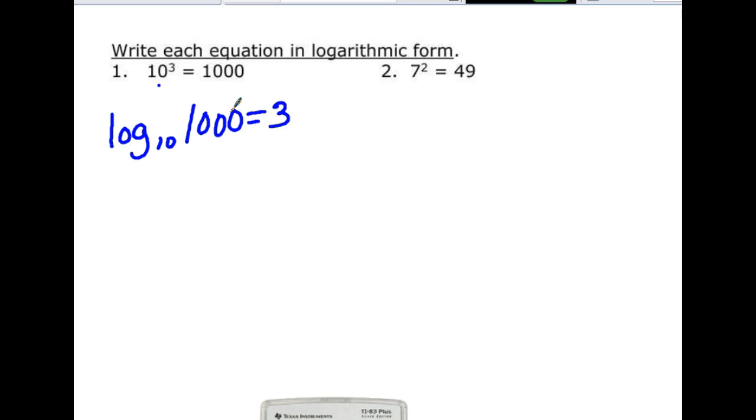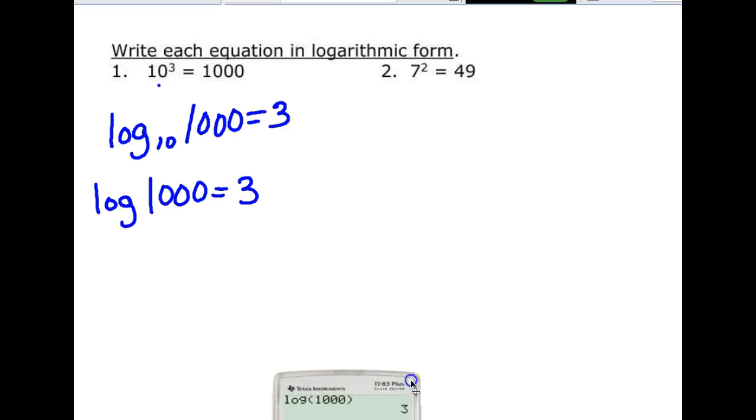Log base 10 of 1,000 equals 3. Most of the time, though, you will see this written log 1,000 equals 3. If the base is not written, it is base 10. Base 10 is called the common logarithm because it is the one most commonly used in science. So if there is not a base written, the base is 10.